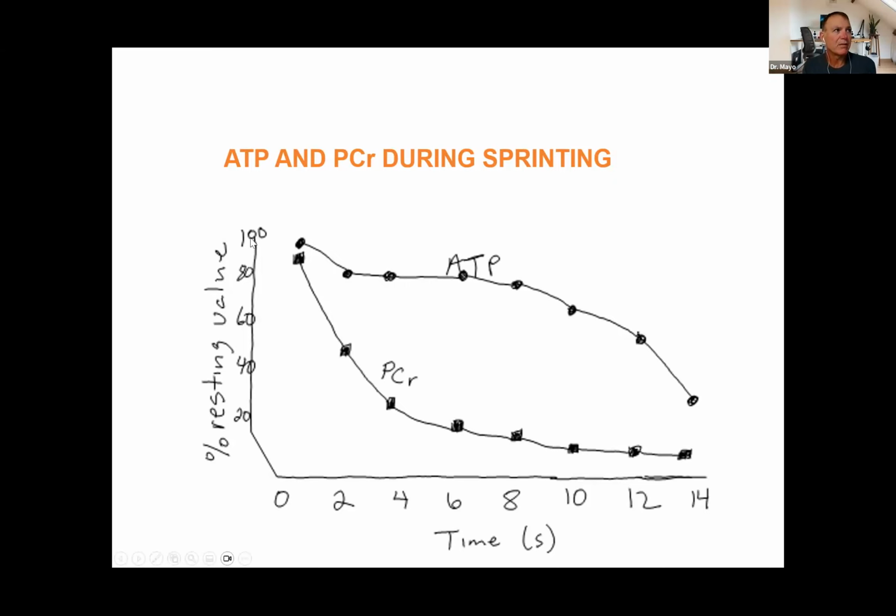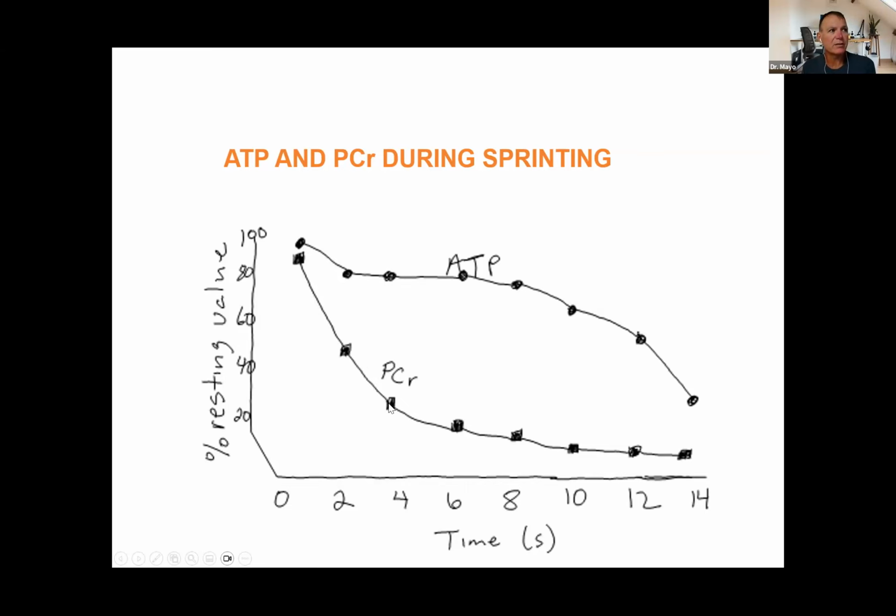I've hand drawn this, so bear with me. Basically, you've got 100% of resting value. So 100% of ATP stores are full, and then 100% of our creatine phosphate stores. But as I start to pedal on a bike all out, within the first 2 seconds, look what happens to creatine phosphate. We start donating that phosphate, and there's less of it.